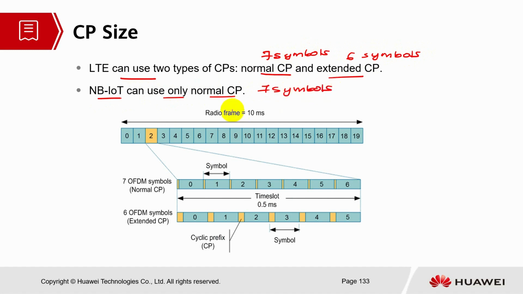We know the radio frame is 10 milliseconds. When you have 7 symbols, the guard period is shorter; the time slot is 0.5 millisecond. But when you have extended CP, the guard period is a little bit larger, and the delayed signal is a little bit larger. That is actually the difference.